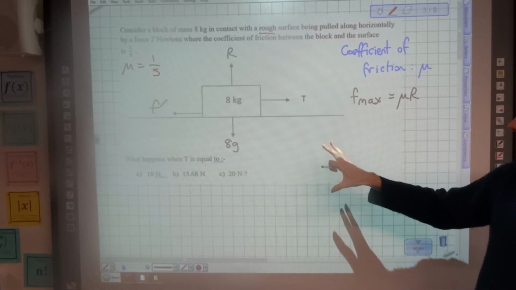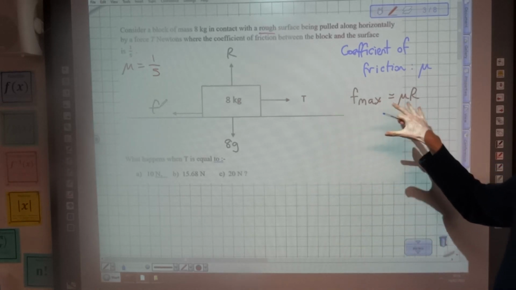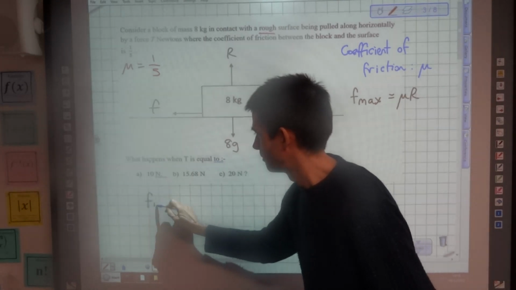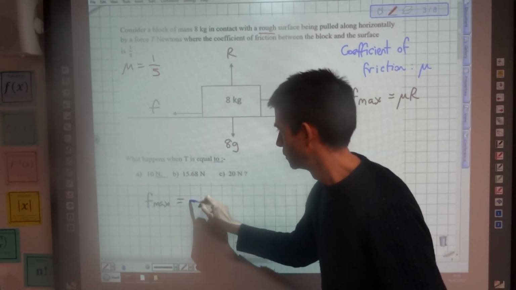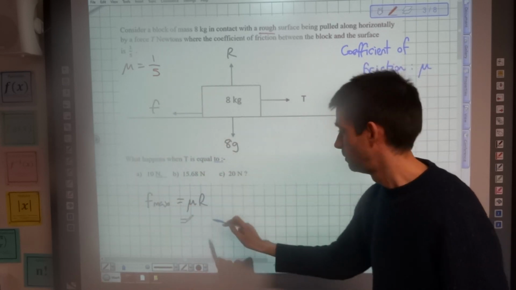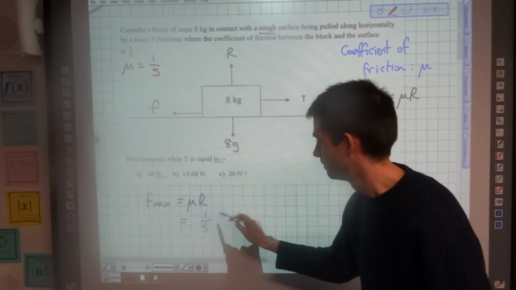The first thing that I'm going to do is use this equation to find the maximum value of friction. So F max is equal to mu multiplied by R. I know that mu is 1/5 because I've been given that as part of the question.